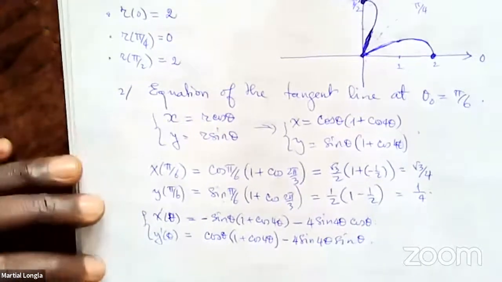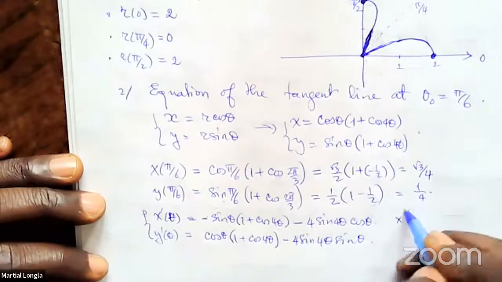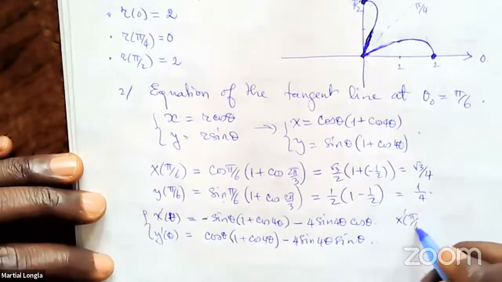And then you find the value at pi over 6.